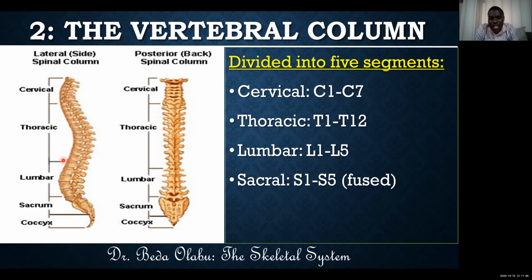Then we have the sacral segment. The sacral segment has 5 vertebrae, but these vertebrae are fused. We have S1, S2, S3, S4, and S5, but they are fused together.